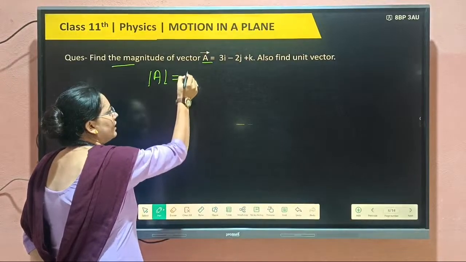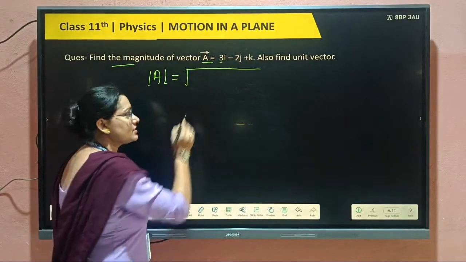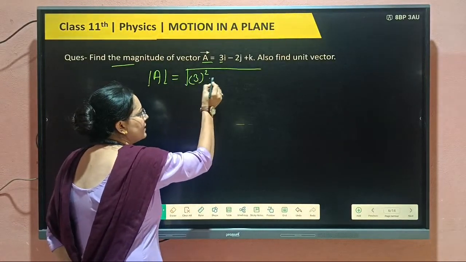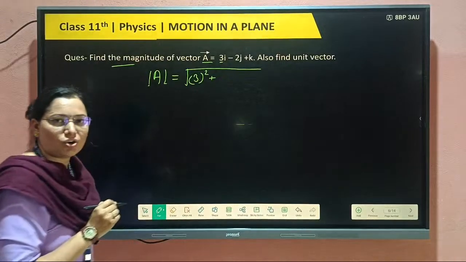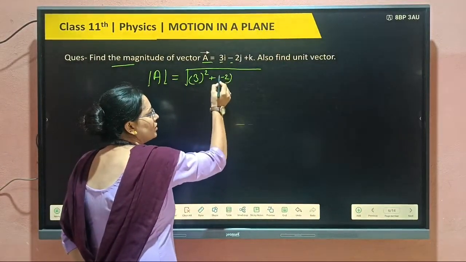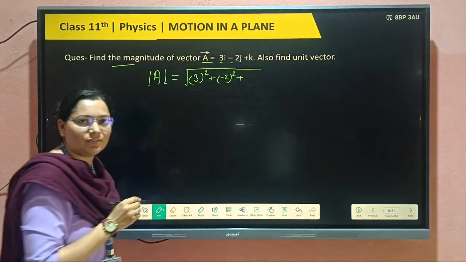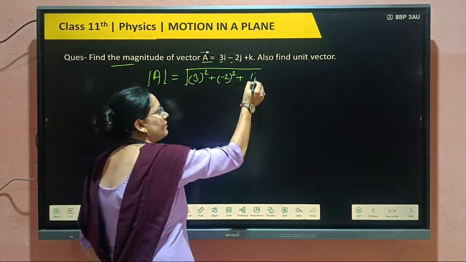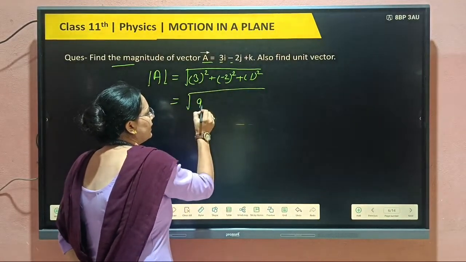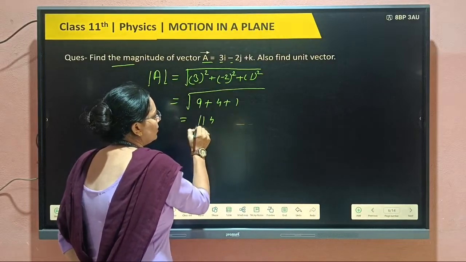Here we take under root the component acting along the x-axis, given as 3, squared, plus the component along the y-axis, given as -2, so write -2 squared. Then the component along the z-axis, given as 1, squared, so we take 1 only. Then it will be 9 plus 4 plus 1, which becomes 14 only.